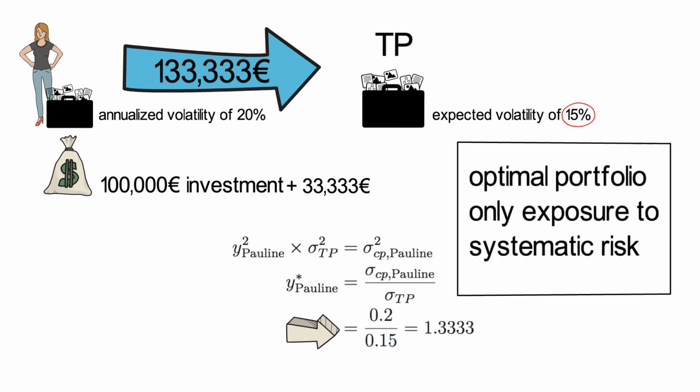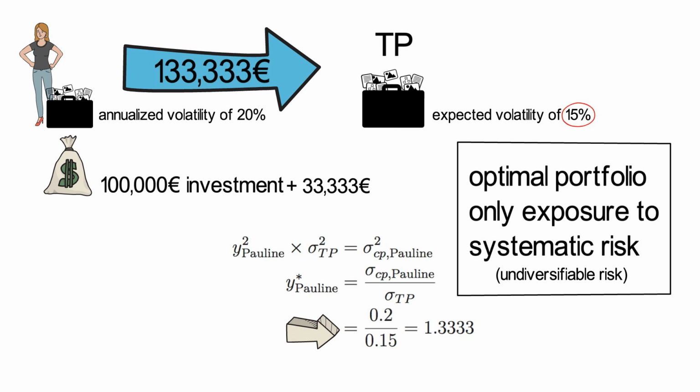Notice, Pauline's optimal portfolio will only have exposure to systematic risk. Systematic risk is also called undiversifiable risk. And here is why. WTP has 100% exposure to systematic risk.